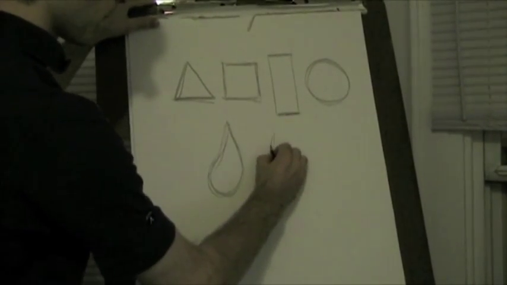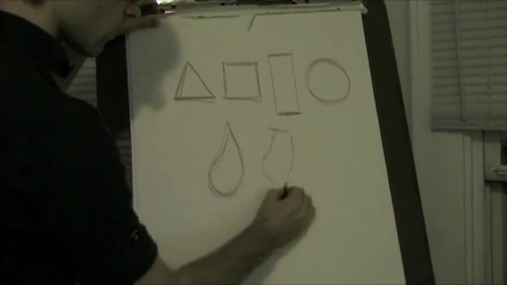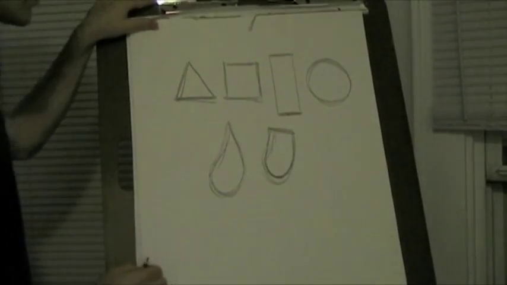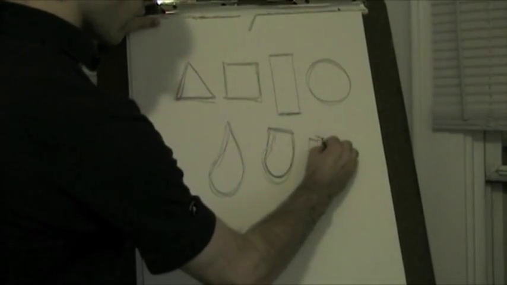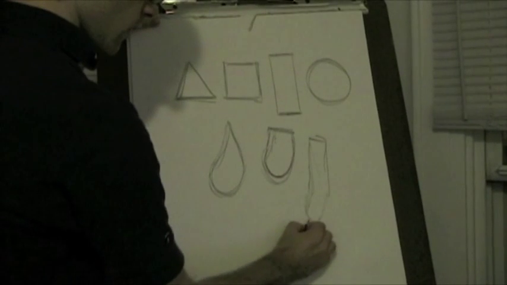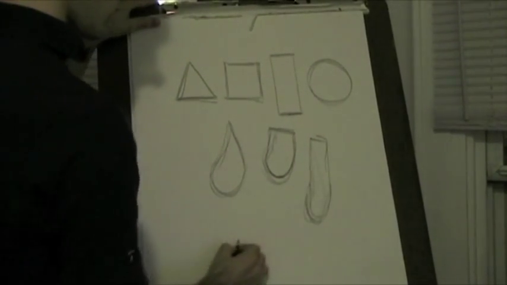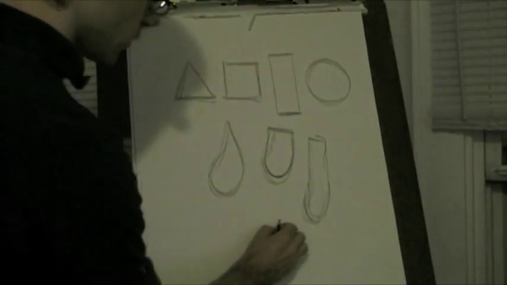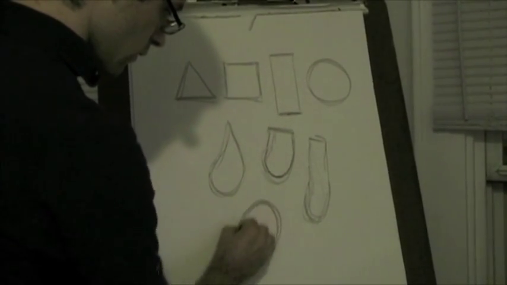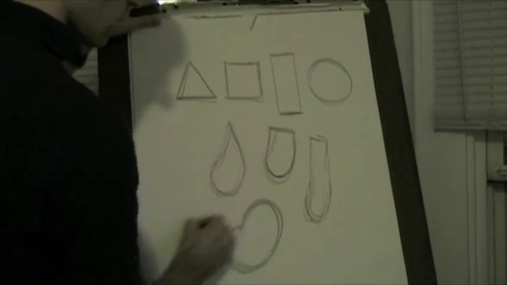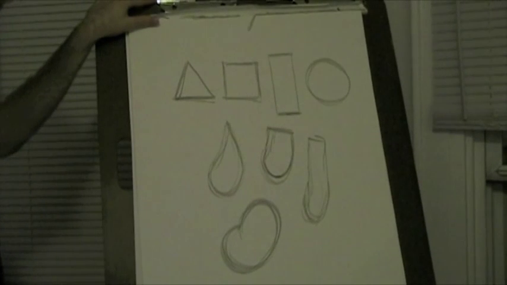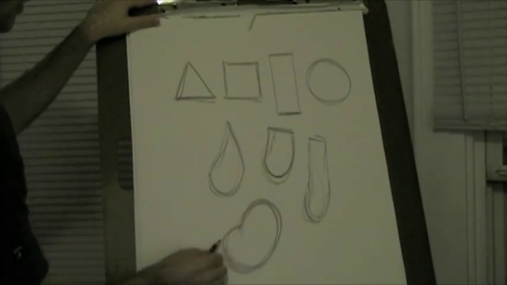Let's try a square and a circle. Maybe we have a rectangle and a circle. Maybe we have two circles. So you can see how we're using these basic shapes to give us new shapes, combination shapes.